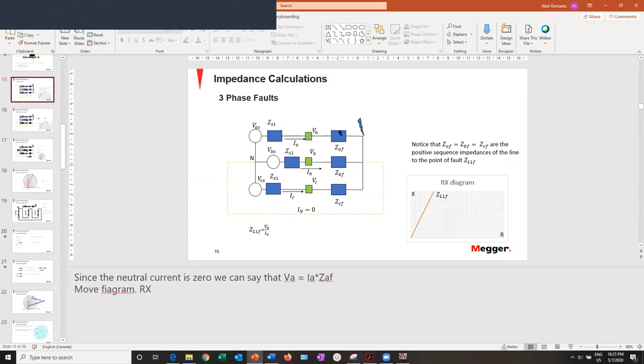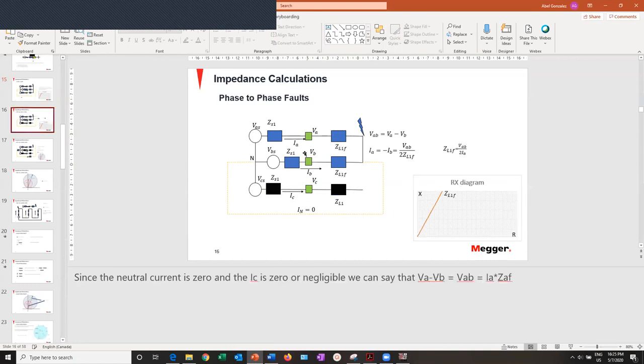You divide this voltage by this impedance and you have the current, because this point is the center point of a balanced resistance system. By knowing the voltages of the lines, you know the voltage of the phase, and the voltage of the phase divided by the impedance of the phase gives you that current. That would be the loop impedance for that type of fault.